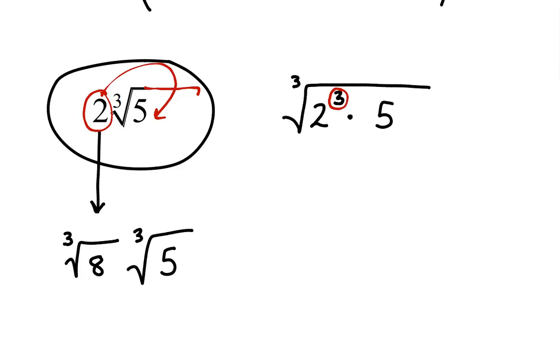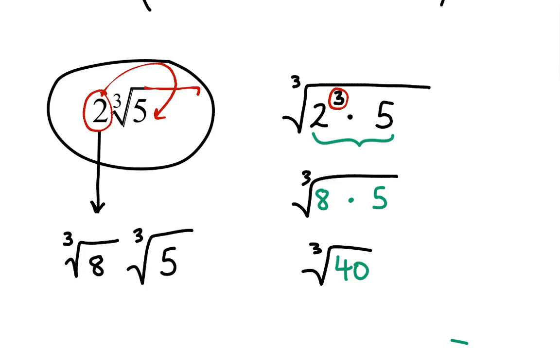And then I can simplify this. 2 cubed is 8. 8 times 5 is 40. And don't forget this whole time that you've got to have the little radical sign, cube root. So you go from this, which is the mixed, to this, which is the entire. Mixed has the coefficient on the outside, entire doesn't.